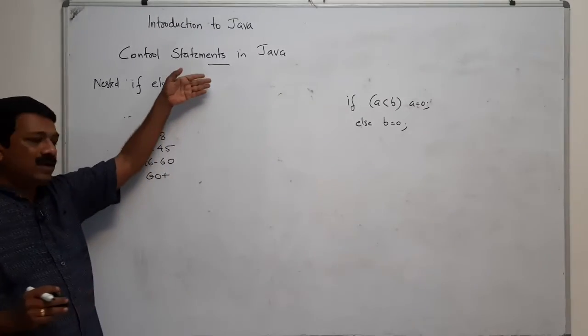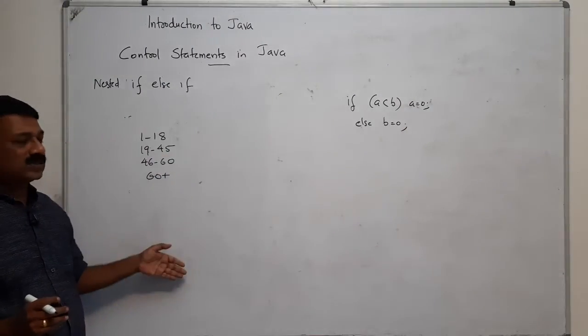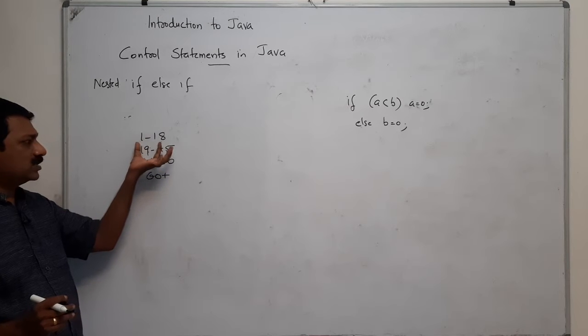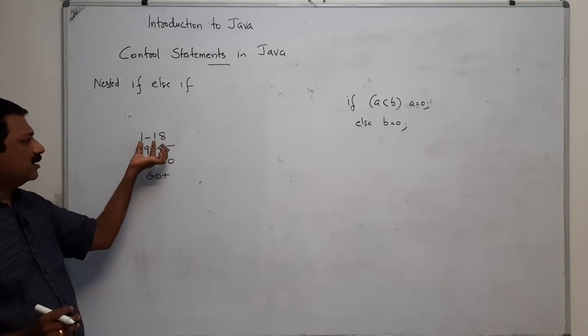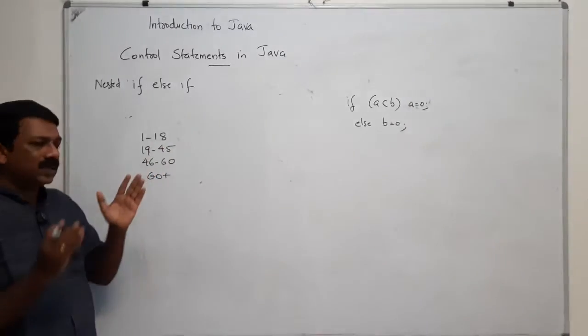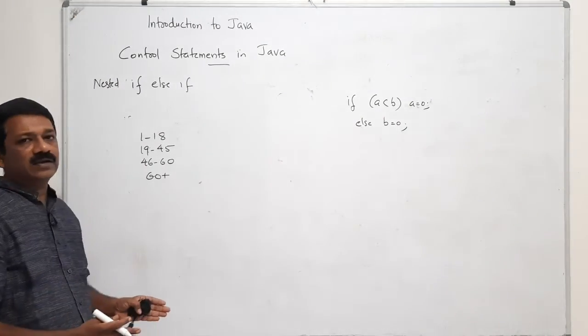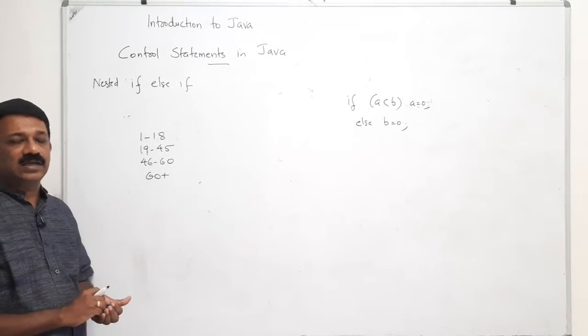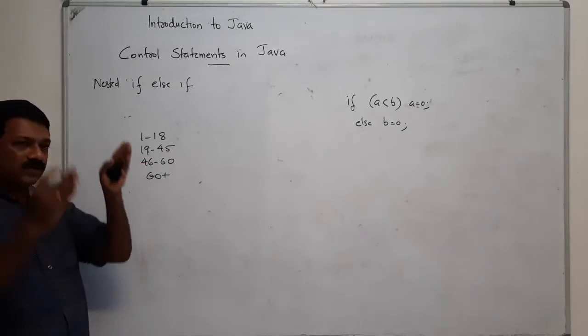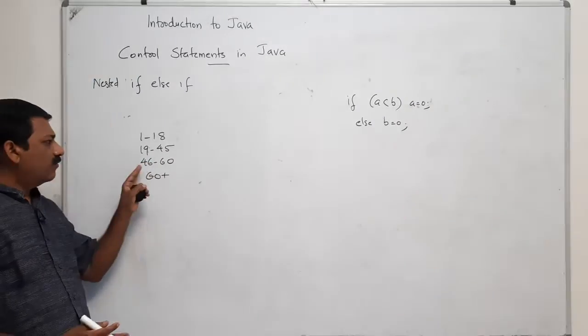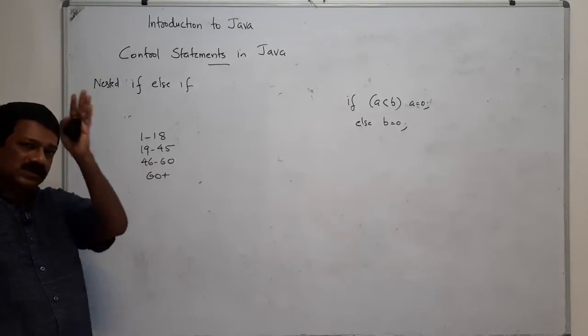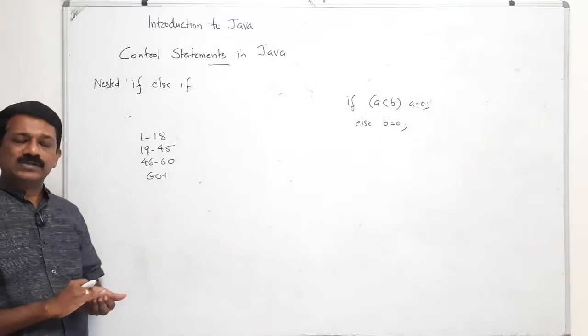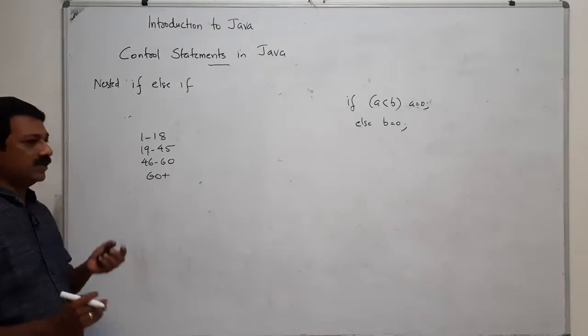Suppose you are processing this, and if the age group is between 1 to 18, then it forms a different class and a different processing is needed. For 19 to 45, some other set is there. From 46 to 60, some other processing is needed, and likewise.